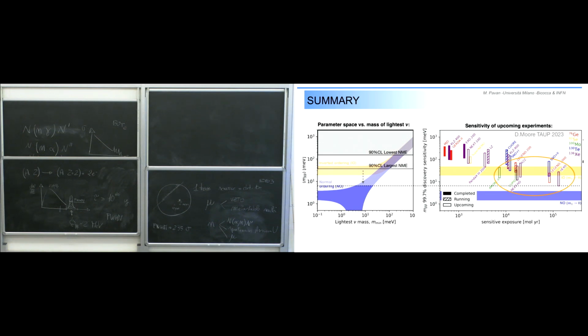Then you do the 1, 2, 3 as she was showing, and you constrain those 1, 2, and 3 with the delta m squared that you measure, and then you do the sum of these.